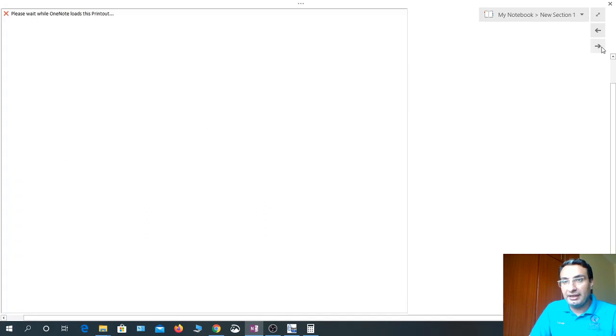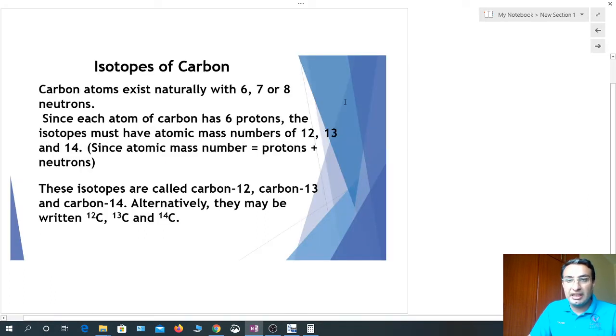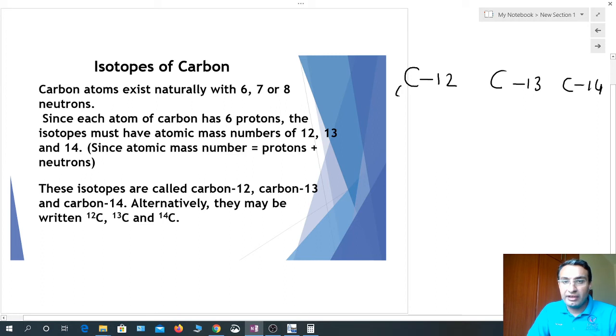Another example we have is carbon. Carbon in the atmosphere may exist in different forms of having different masses: carbon which has 12 atomic mass, carbon which has 13 atomic mass, carbon which has 14 atomic mass. That is important. The proton number of carbon is 6, 6 and 6.